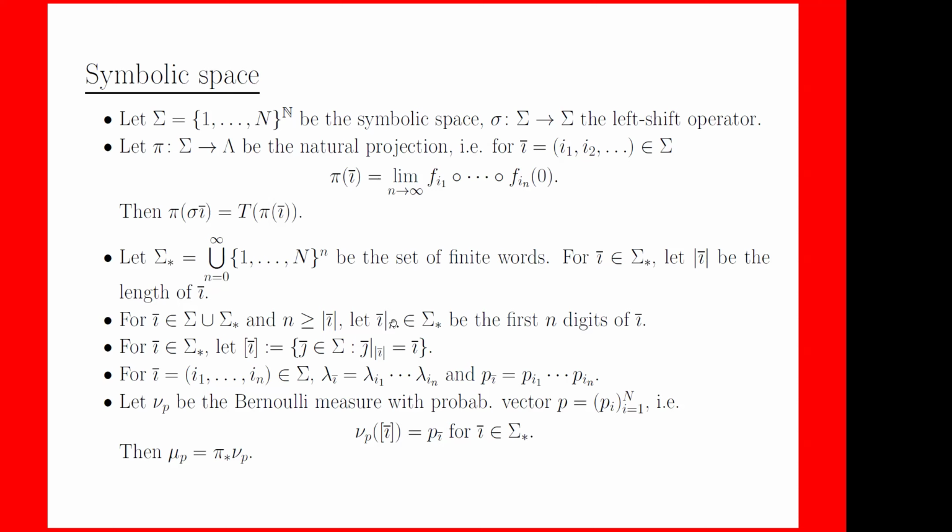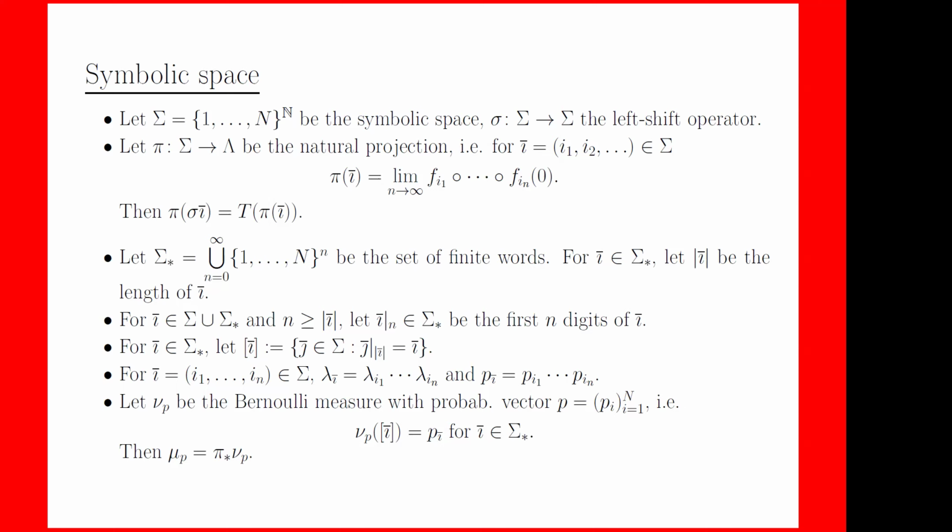By I restricted to n, I will denote the first n symbols of I. Also for finite words, the cylinders, just to save some space: if you have a finite word I, then let lambda_I be the corresponding product, and also p_I the corresponding product of the probabilities and the contracting ratios from before.